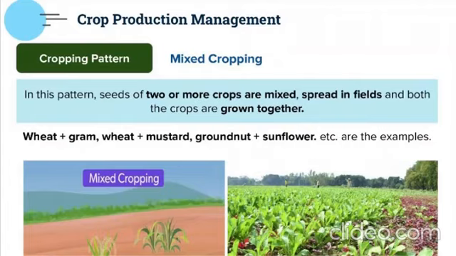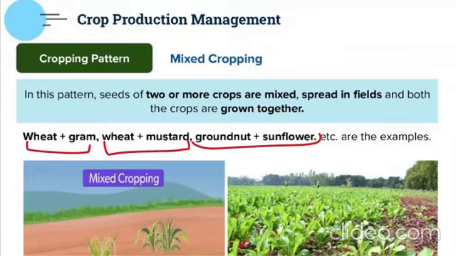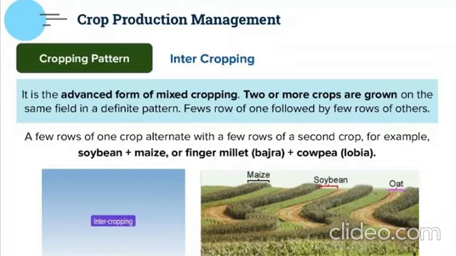In mixed cropping, we mix two or more crops and grow them together in the same field, spread together. For example, wheat plus gram, or wheat plus mustard, or groundnut plus sunflower. Such combinations we can take for mixed cropping.